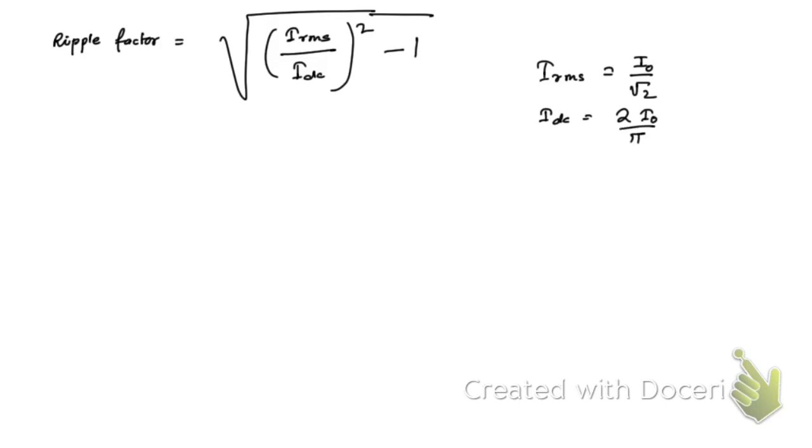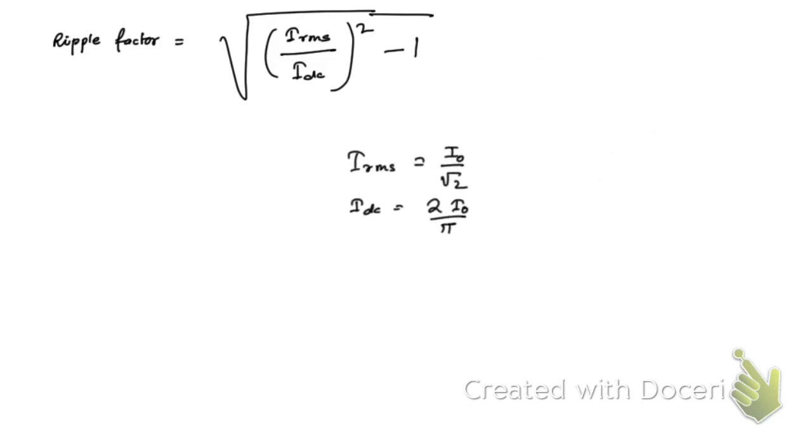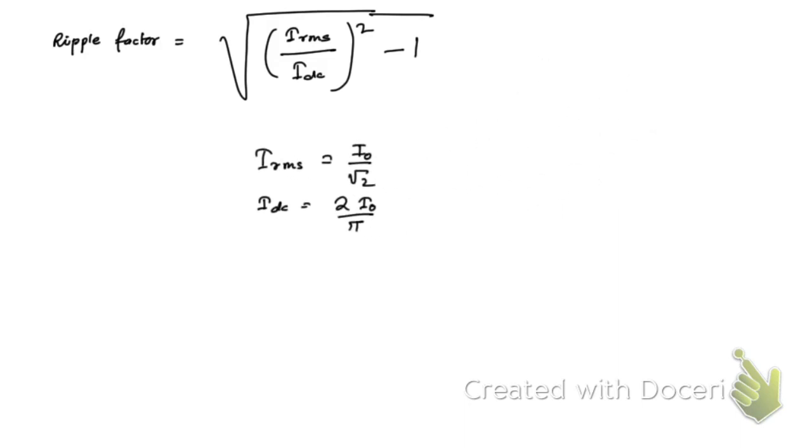Now let's use these two values here. Suppose this is equation 1. Putting these values in 1, what we're going to have is the ripple factor.